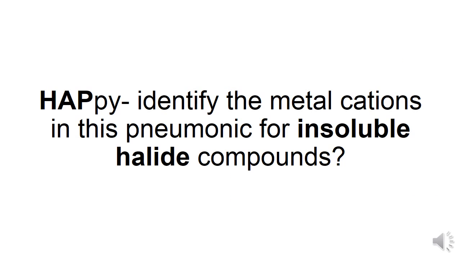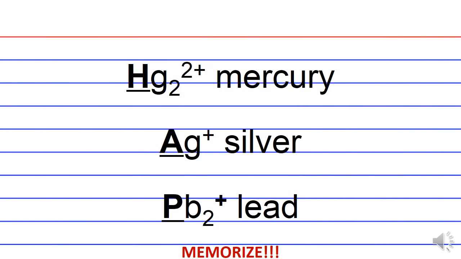HAP key. Identify the metal cations in this mnemonic for insoluble halide compounds. So what does the HAP stand for? And remember, these are insoluble halide compounds. All right, so in halides, that's fluorine, chlorine, bromine, iodine.